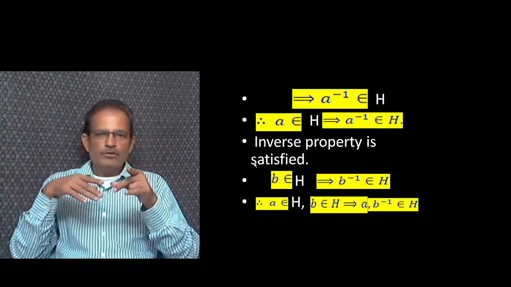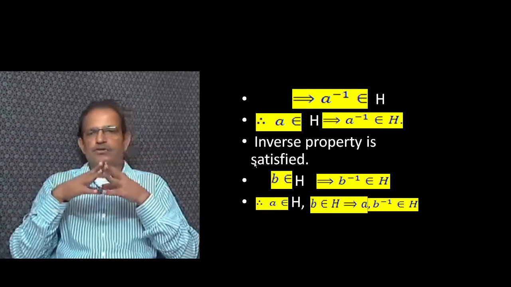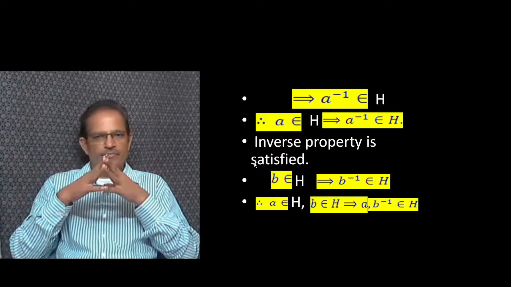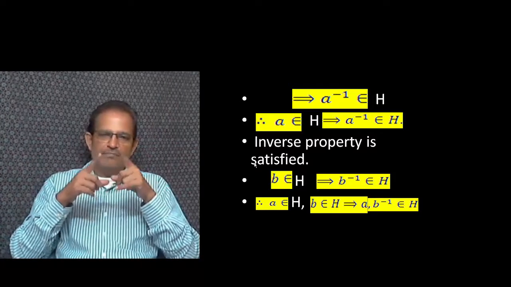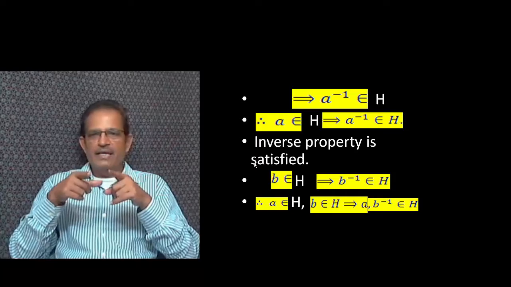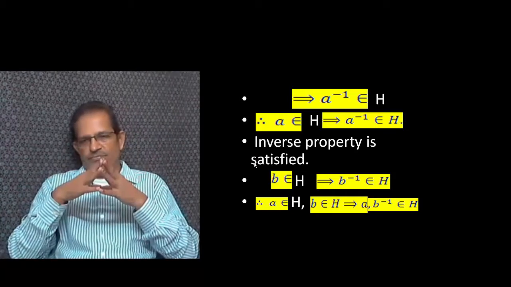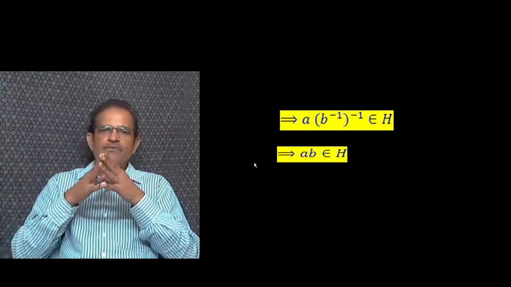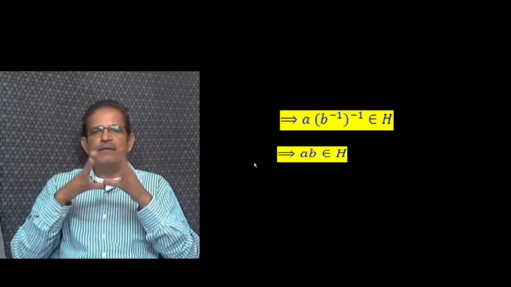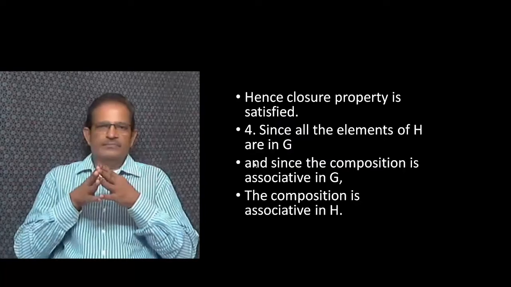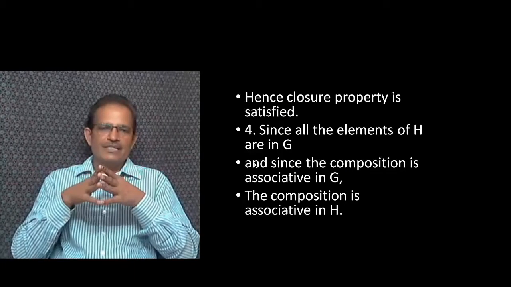Likewise, B belongs to H implies B inverse belongs to H. A belongs to H, B belongs to H implies A, B inverse belongs to H. That implies A, B inverse whole inverse belongs to H. Implies A B belongs to H. Hence, the closure property is satisfied.